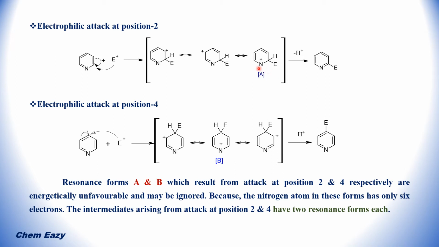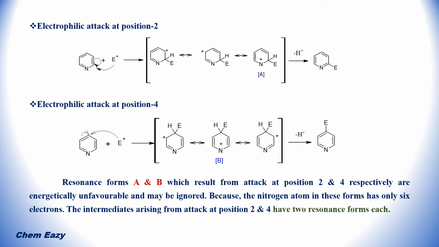Here it is mentioned as A, you note down this, and this is the product where the electrophile substituted at position 2. In the same way, if the electrophile attacks the fourth position of pyridine, these are the resonance structures possible, and this structure mentioned as B, and this is a product when electrophile substituted at position 4.